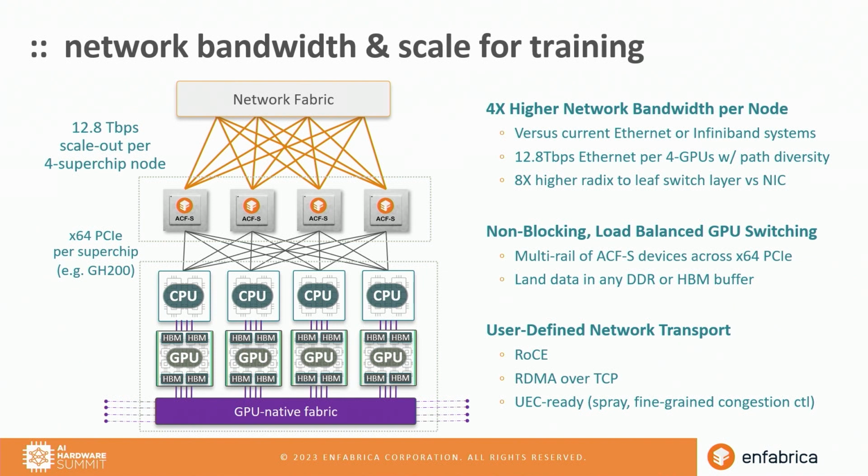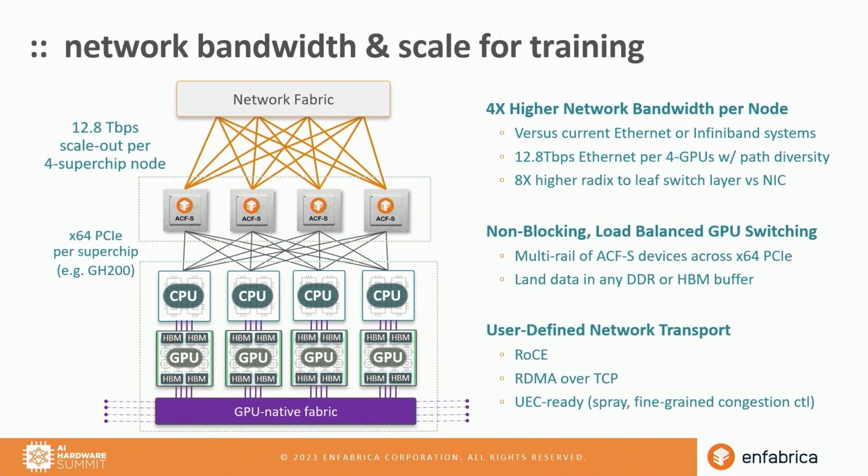Instead of using an H100, which only supplies x16 PCIe interfaces to a NIC, we can leverage a GH200 superchip, which provides x64 PCIe attach. And in this depicted node, we can actually deliver 12.8 terabits of Ethernet scale-out per 4 GPUs. That's 4x the bandwidth of the best performing scale-out system today on the market. Whether it's Ethernet or InfiniBand, doesn't matter.